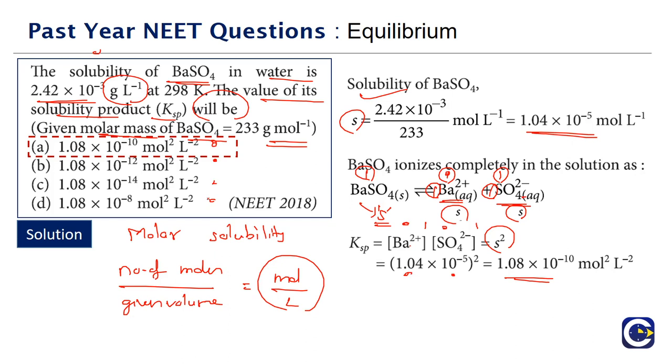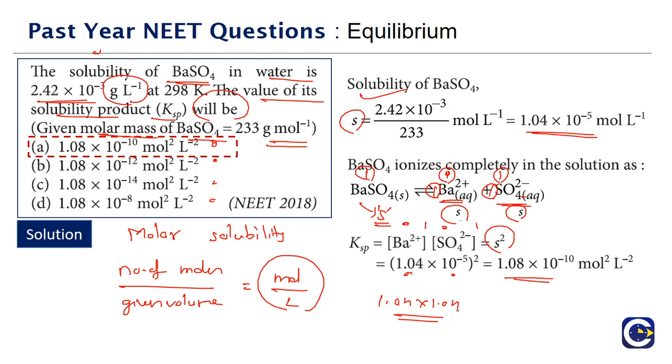There is nothing wrong in getting the answer up to the last decimal place by multiplying 1.04 into 1.04, but if we can arrive at the answer in a quicker manner without really doing this calculation, that is going to be of help for us, especially when we are looking to solve around 45 questions in around 45 minutes. That's what we need to be targeting in the NEET chemistry part.